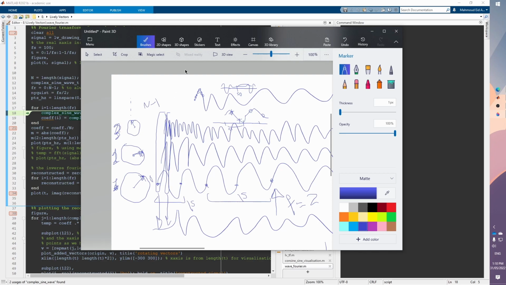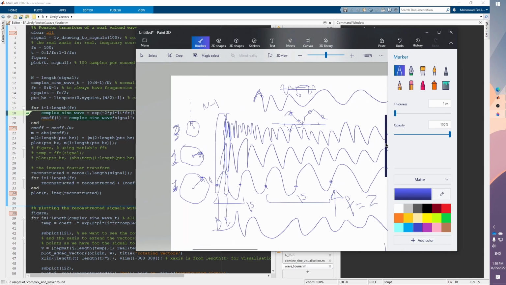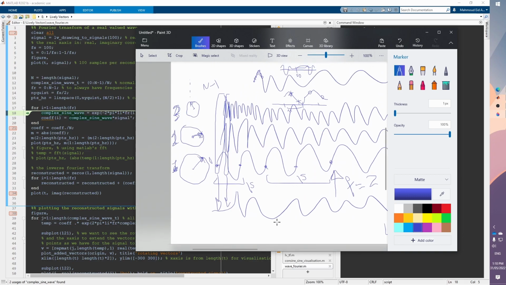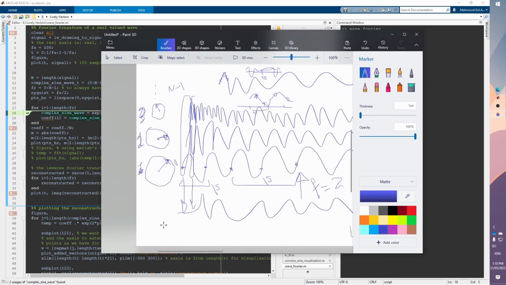So what we need right now is, instead of thinking of these as waves, think of them as vectors. With vectors, we have a very nice formulation that tells us that we can estimate the sine waves as complex waves. So we basically can use this formulation and see what is going on with it.